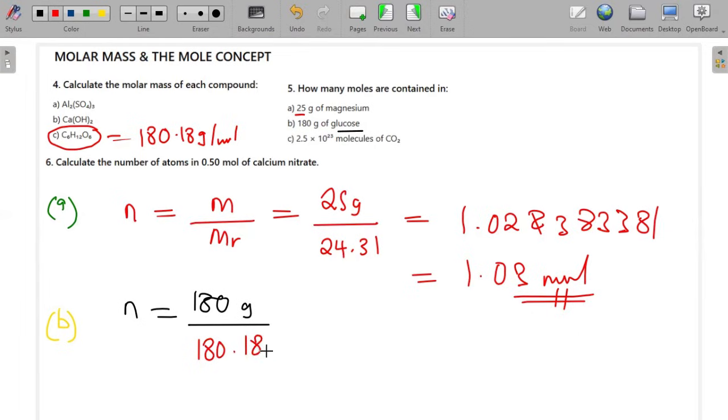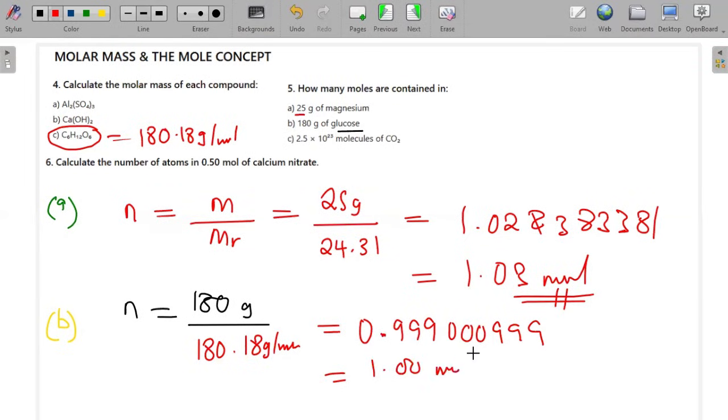So I have 180 divided by 180.18, which gives me 0.999000999. If you round it off to 2 decimal places, you're just going to get 1.00, and these will be moles. So that's how we can find the moles.